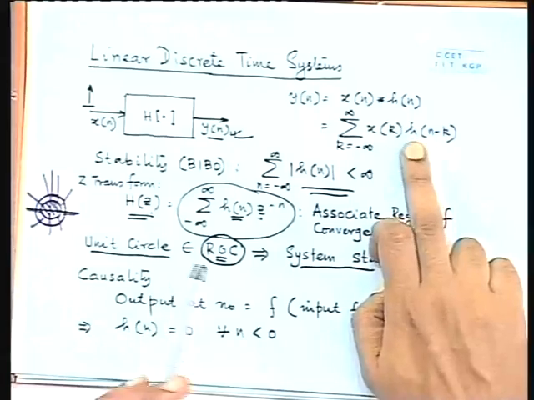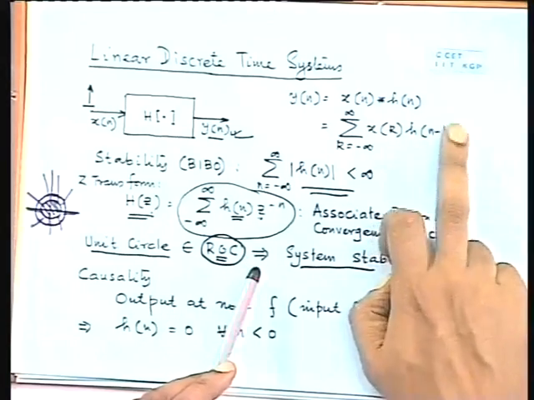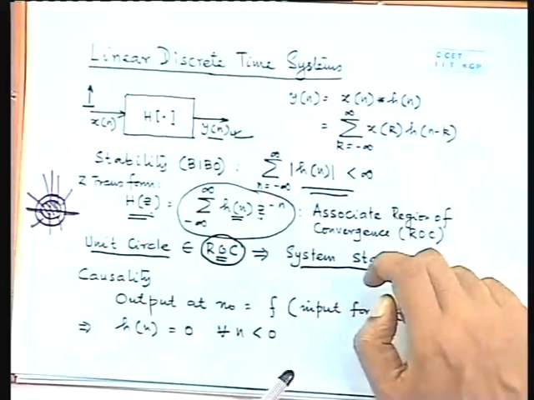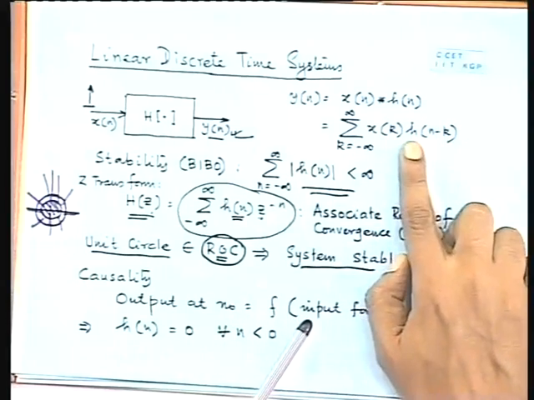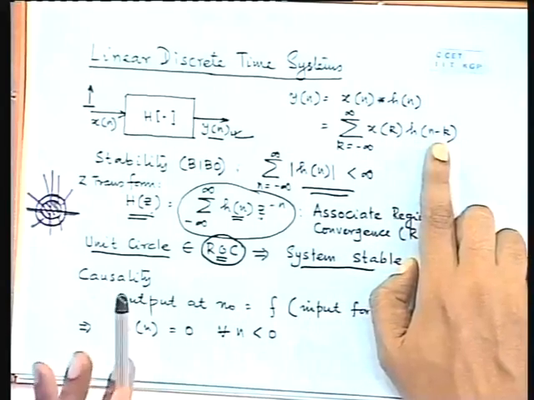Now what is this h? Suppose this index becomes negative, that is h[n] is not 0 for n negative. Now n negative means what?